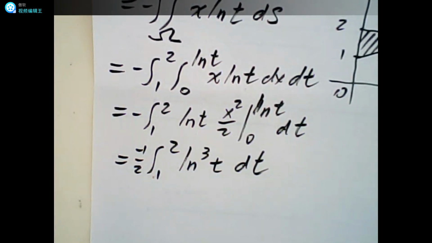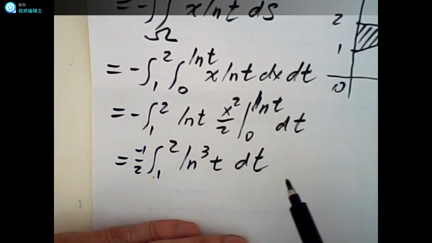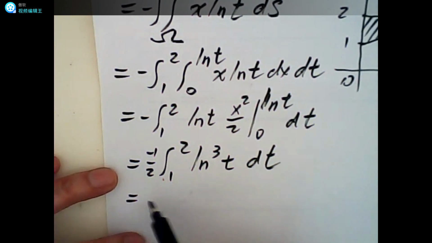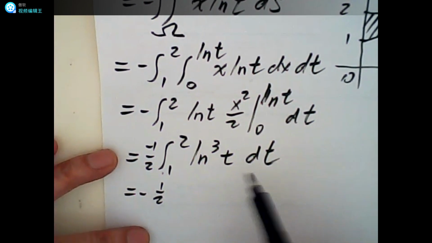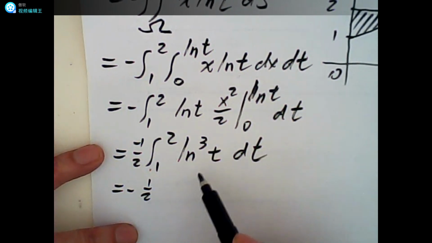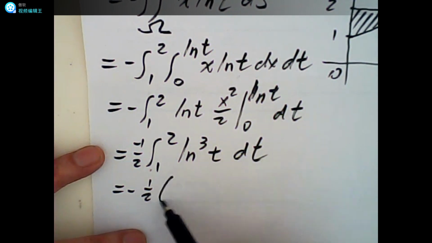Yeah, everything's clear now. Now then I use by parts, right? Use by parts. Minus half. This is u. This is dv, right? So it becomes u dv.